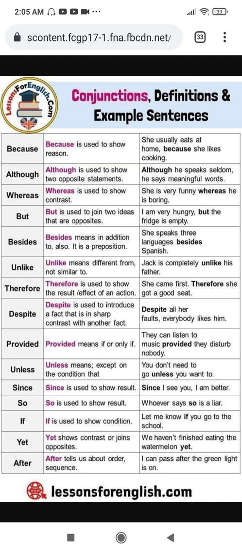Despite, and you can write another word, in spite of. Both these are synonymous, and used widely in spoken and written English. So, despite means to put a sharp contrast with a given fact, with a given information.